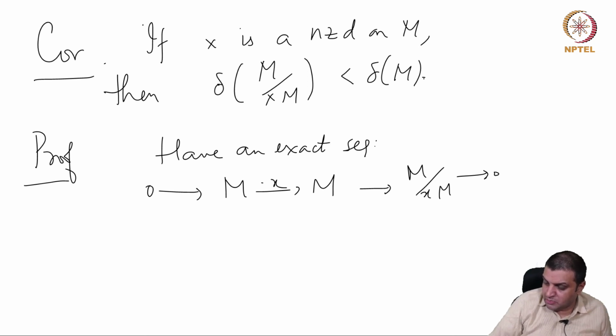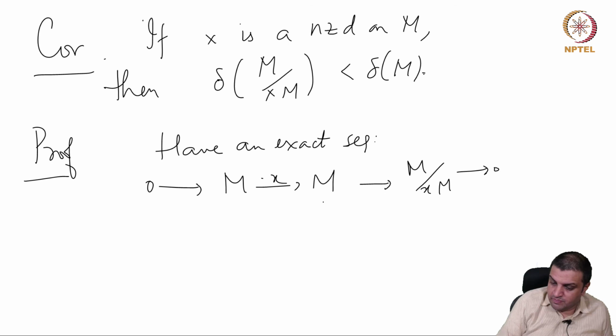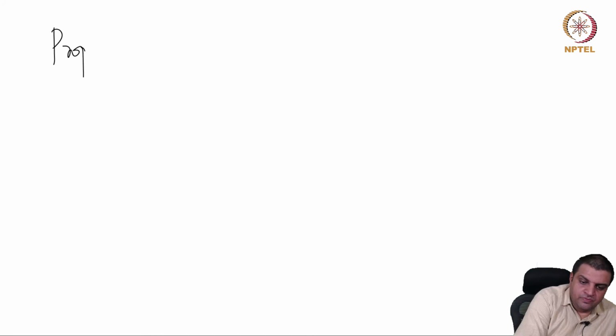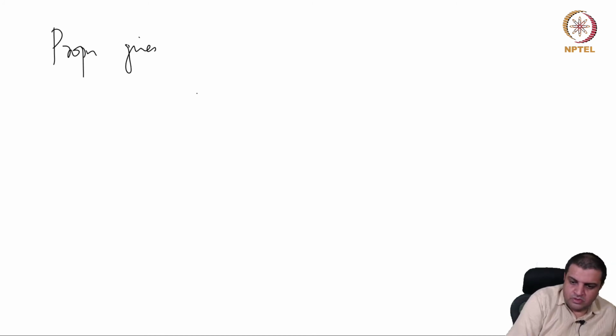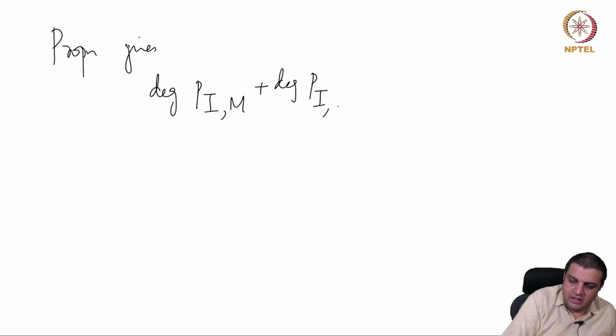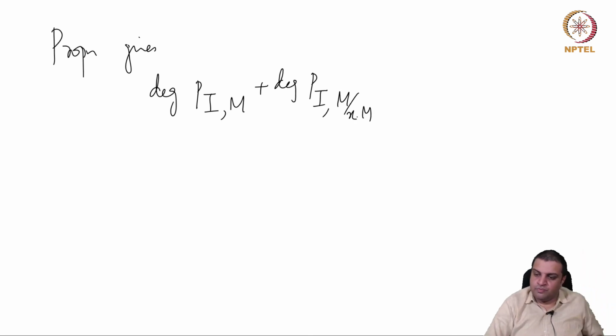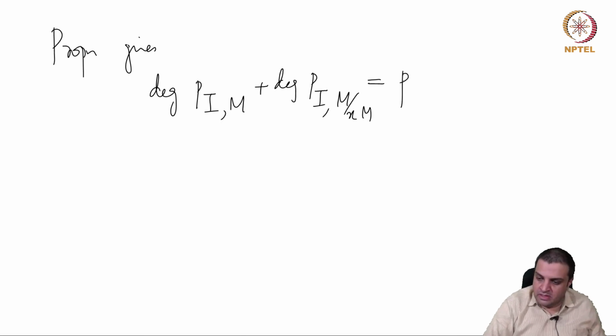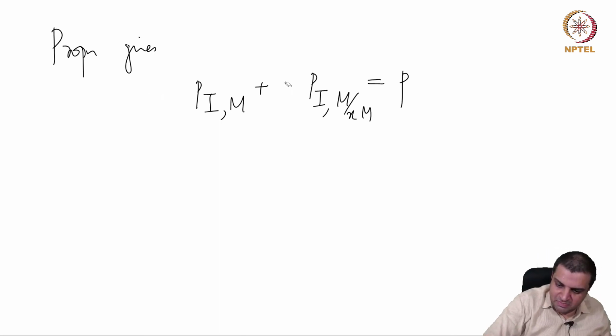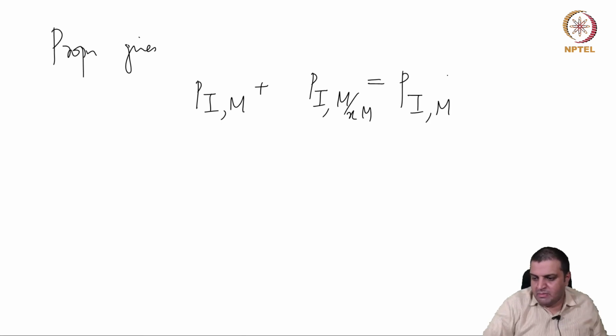So then we apply the proposition to this. It says the sum of these two is this plus some difference which has positive leading coefficient and smaller degree. So the proposition gives, for the outer two, PIM plus PIM mod xM equals PIM plus PIM equals PIM plus some q.